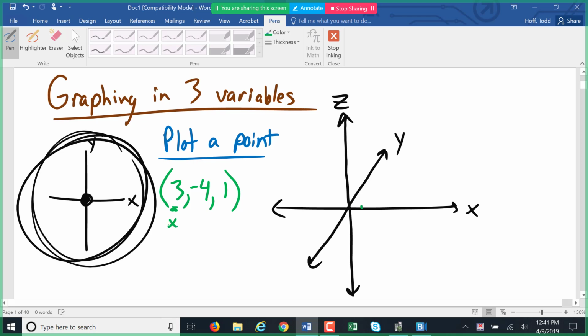So I go on the x-axis, 1, 2, 3. So I know that's where it's going to be on the x-axis. y equals -4. So if I assume this is the positive y up here, positive x, this is the negative y over here. So I'm going in the negative 1, 2, 3, 4.